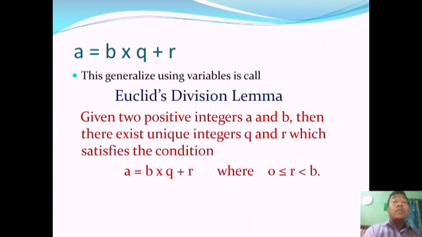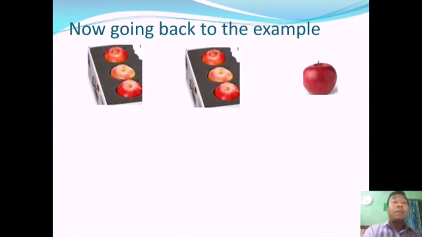Given 2 positive integers A and B, there exist unique integers Q and R which satisfy the condition A equal to B into Q plus R, where R is greater than or equal to 0 and less than B. You should always remember that the remainder R should always be less than the divisor and greater than or equal to 0.